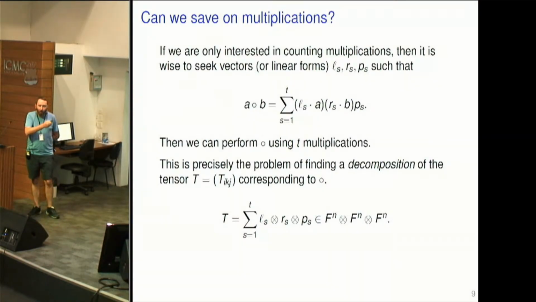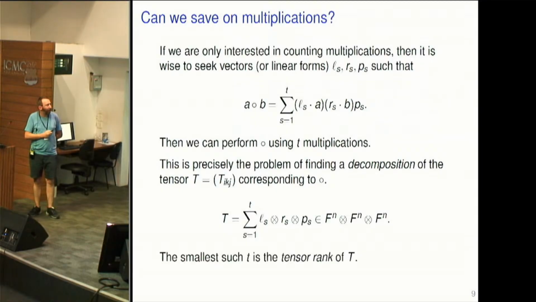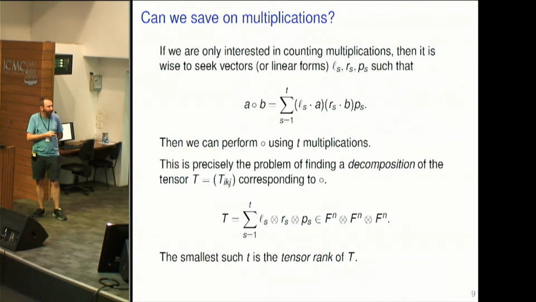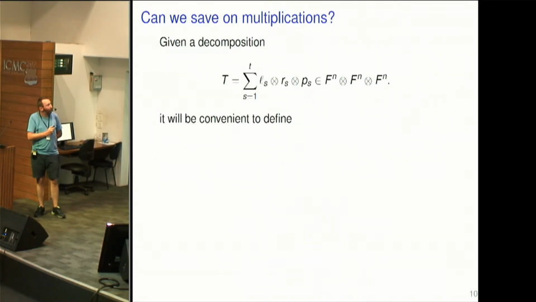Again, this is all well known and very well studied and important stuff. And this smallest possible number t is the tensor rank. So basically, how many multiplications do I need is the same as saying, can I calculate the rank of this tensor? And calculating the rank of a tensor is an extremely difficult problem in general. It's one of these NP something something problems.